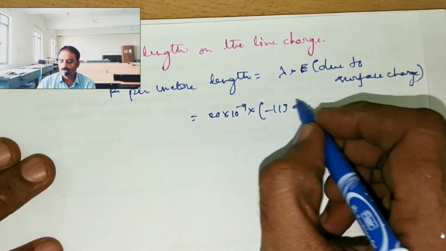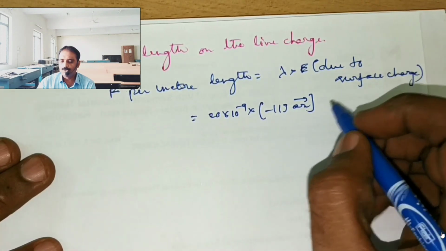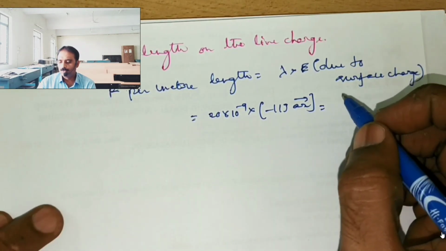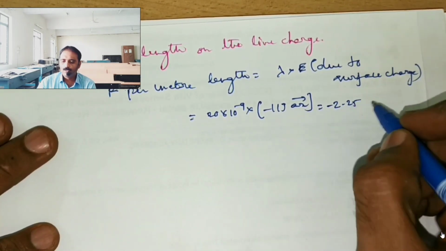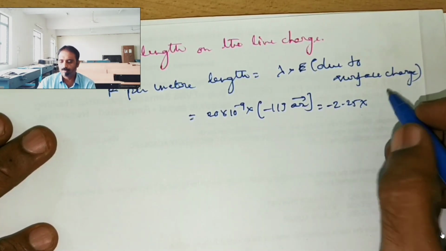And if we simplify this, we are going to get minus 2.25 into 10 to the power of minus 6 into AX bar newtons per meter.